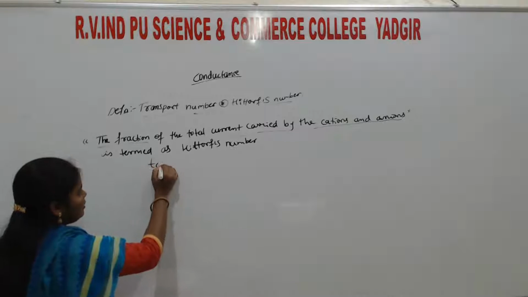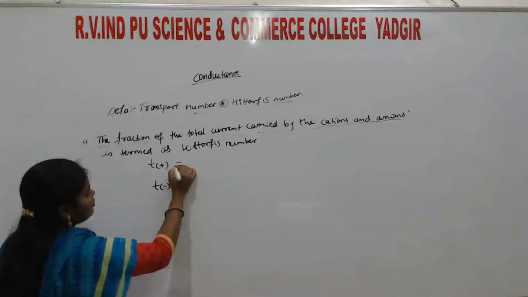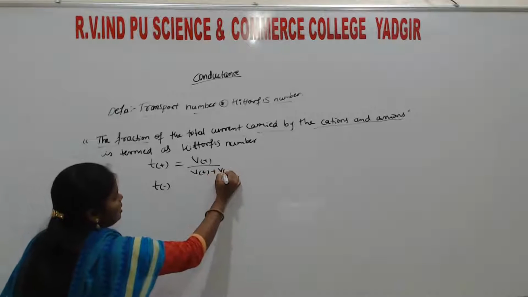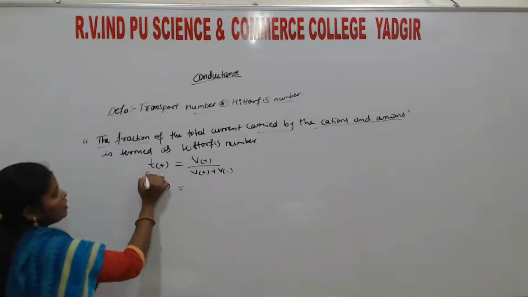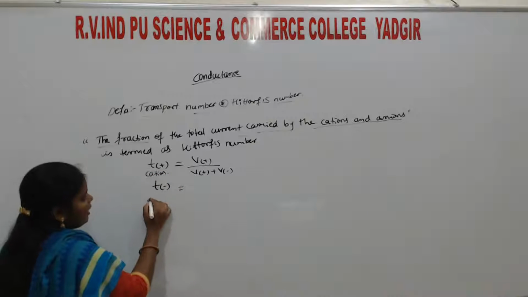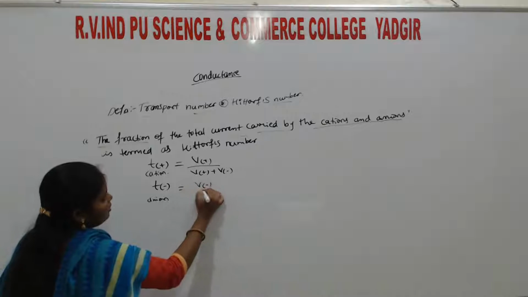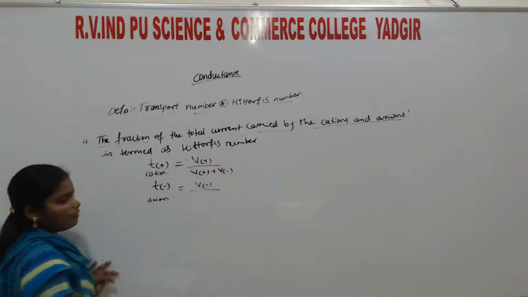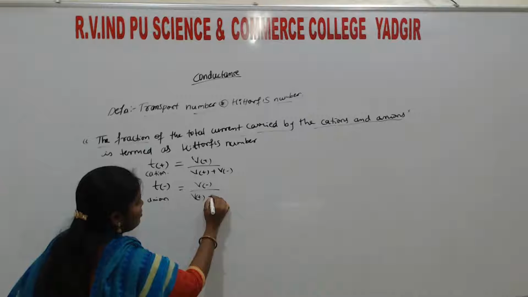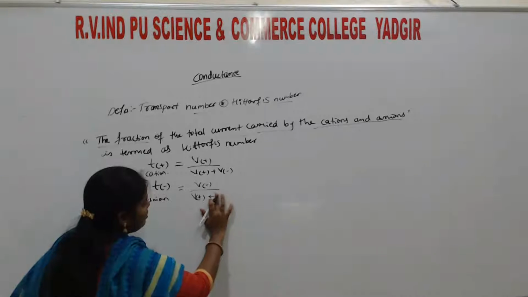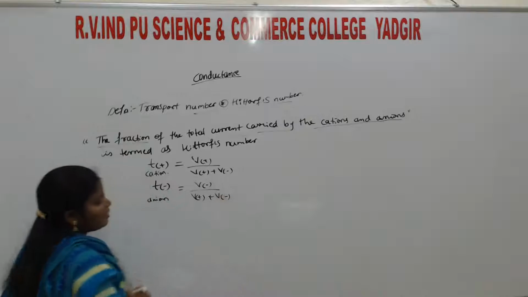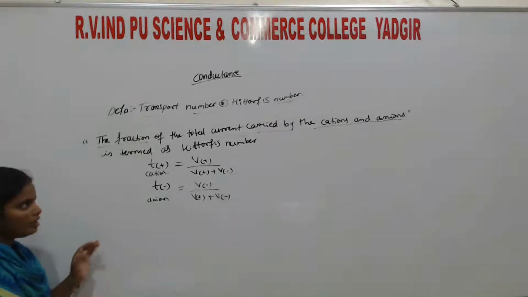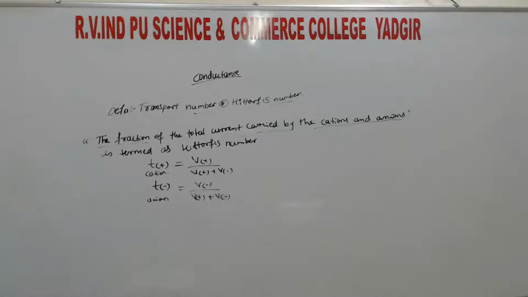Therefore, this is equal to v positive divided by v positive plus v negative, this is for the cation, and v negative divided by v positive plus v negative is for the anion. This is the definition of the Hittorf number or transport number.